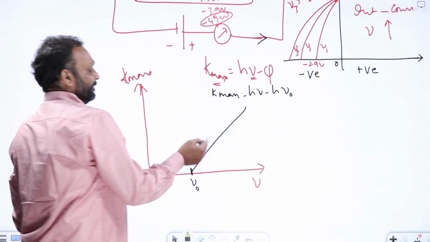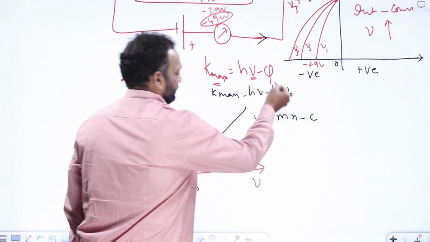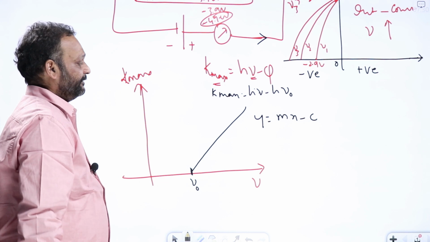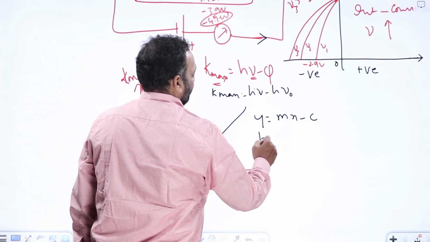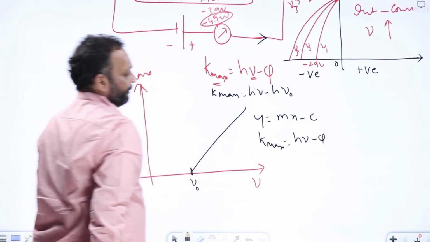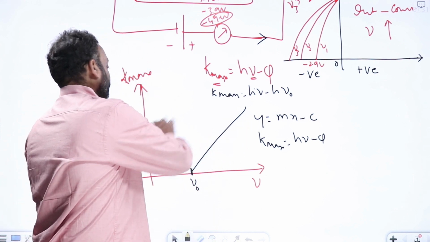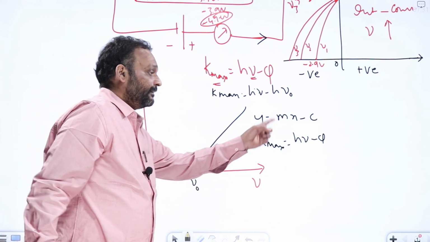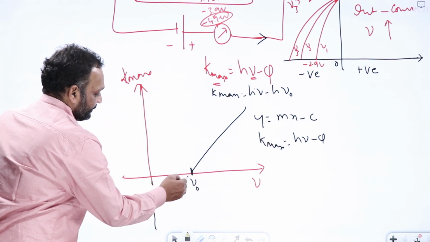This can be understood using the y equal to mx minus c form. This is K maximum equal to h nu minus phi. Y equal to mx plus c means a straight line with a positive y-intercept. Y equal to mx minus c means a straight line with a negative y-intercept like this.